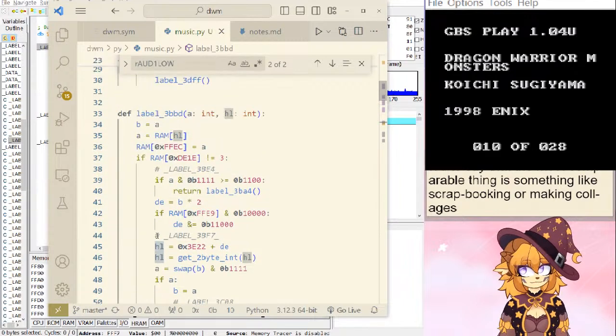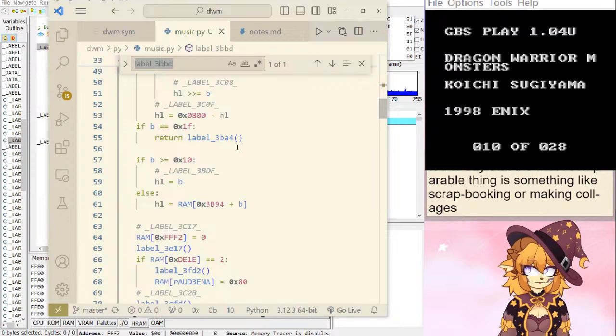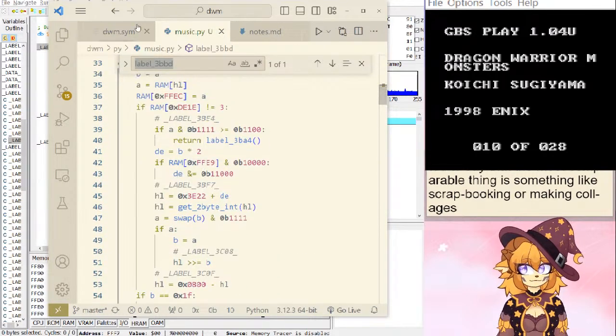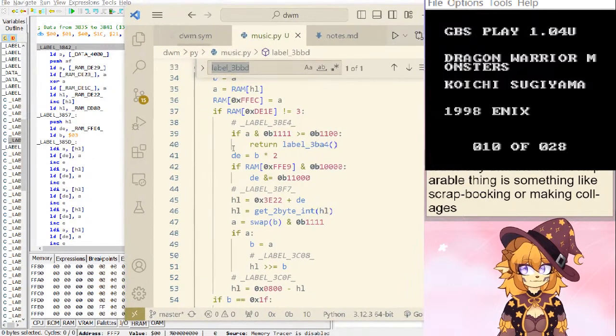B greater than 10, B is from A, which we don't know what this is called, but okay. It probably is, but we don't know yet.